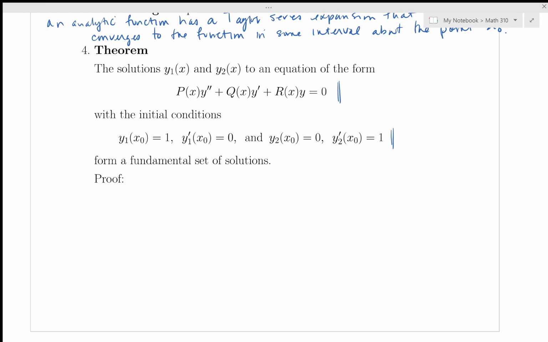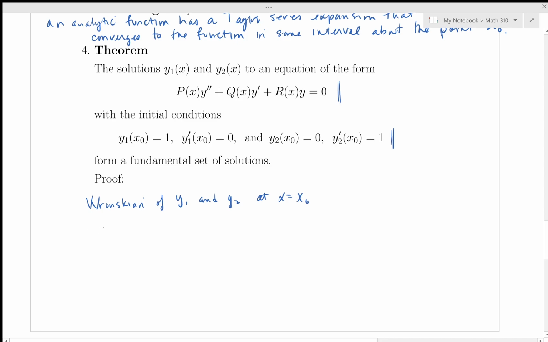So that's quite straightforward to show, and we will be using the Wronskian like we have many times in the past. So let us consider the Wronskian of y1 and y2 at x equals x naught. What does that look like?